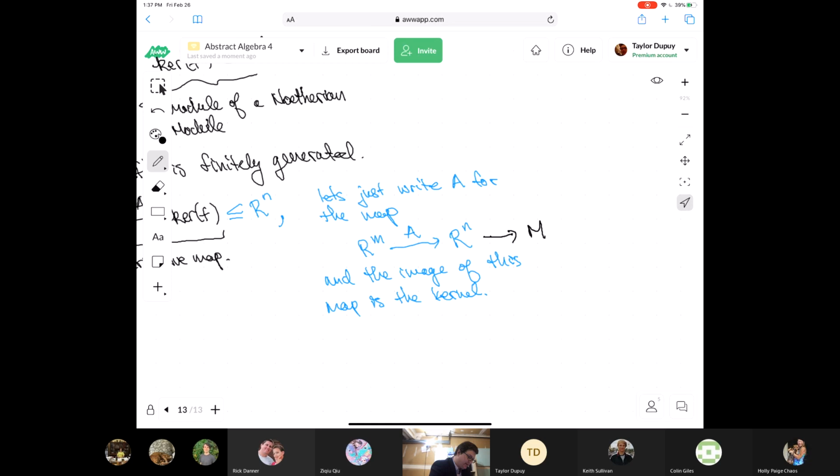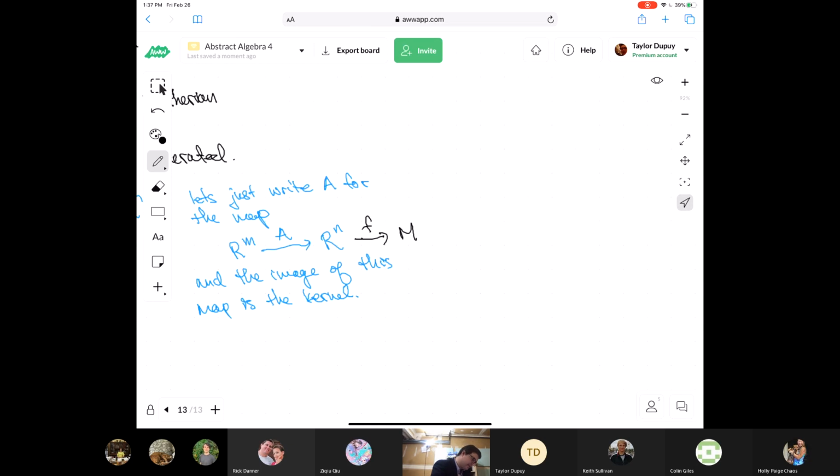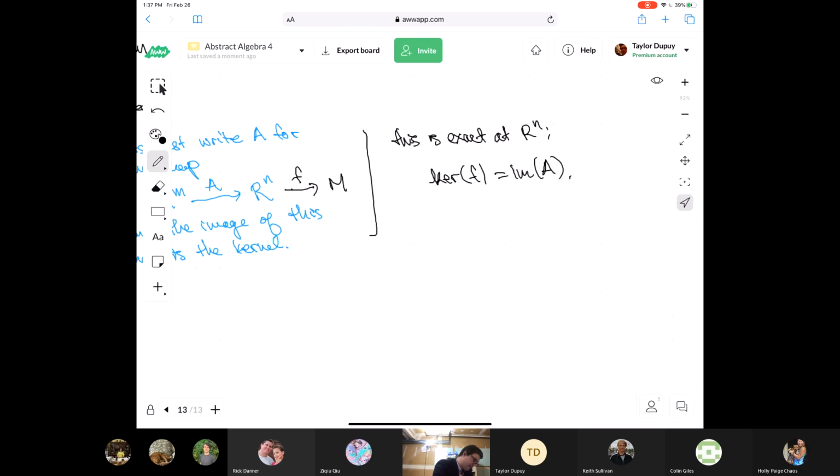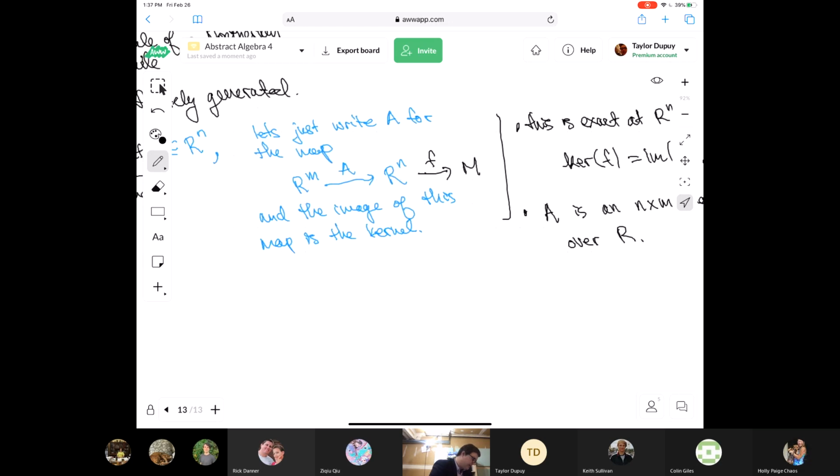So this is surjective, and the kernel of this map F is the image of this map. So this is exact. So the kernel of F is equal to the image of this matrix A. Also the matrix A is an N by M matrix over R.